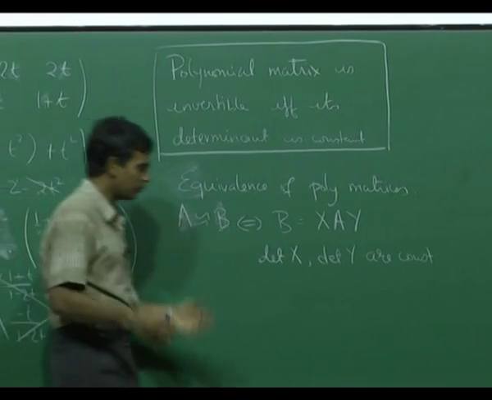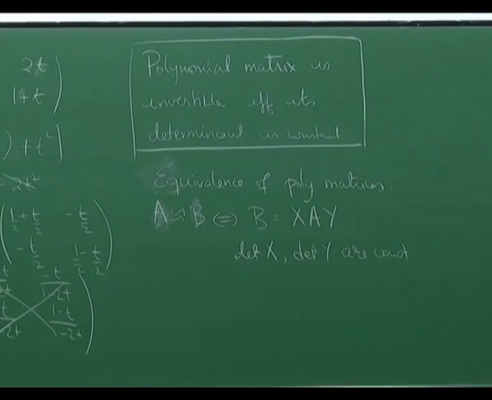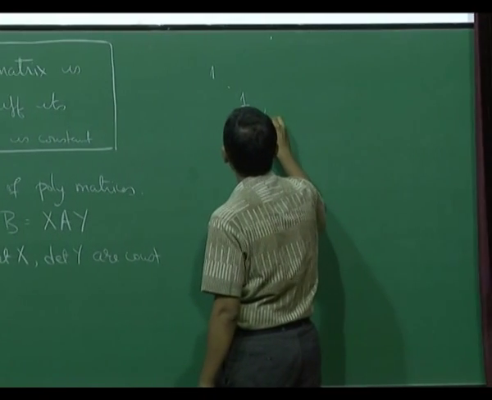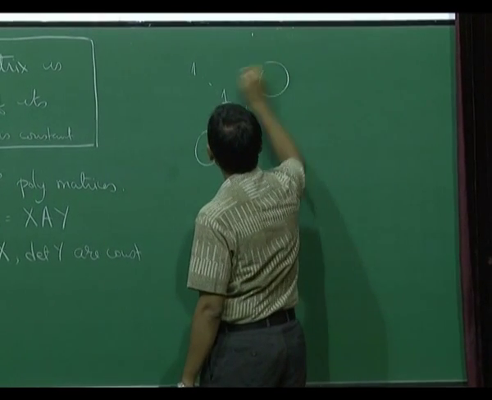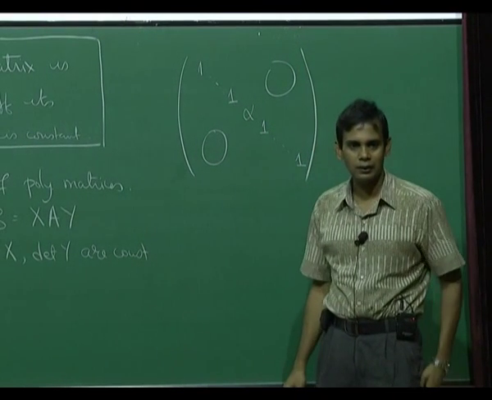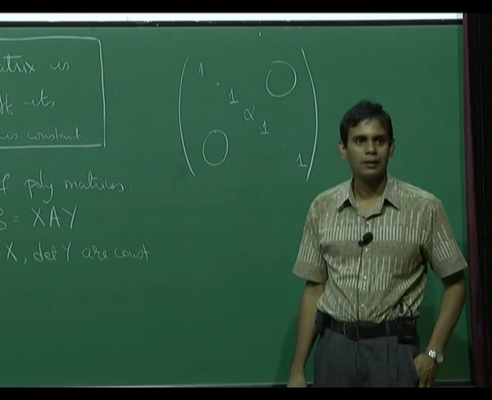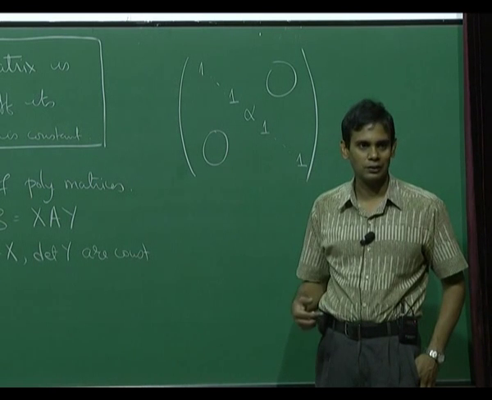So, we will do whatever we did last time, we will use row and column operations. So, suppose I take this matrix with ones on the diagonal and here alpha. So here alpha is a polynomial. Okay. So, is this matrix invertible? It is invertible if and only if alpha is constant non-zero, right.